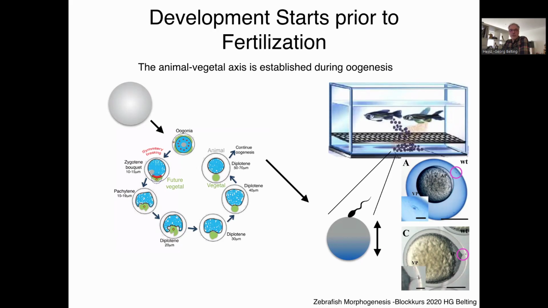in contrast to mammals, maternal contribution is a major issue in embryos of invertebrate species that have a lot of yolk. So the yolk provides a lot of nutrients and stuff like that. And the first axis, the animal-vegetal axis, is already specified early on, actually during oogenesis.